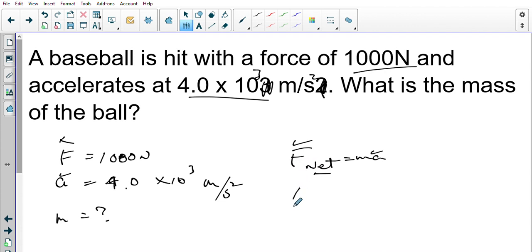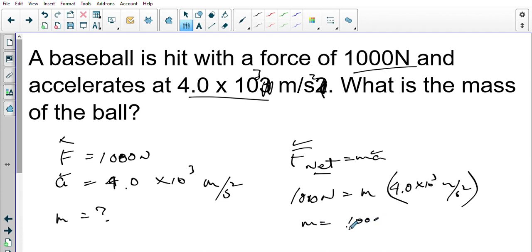All right, so then we've got our 1,000 newtons is equal to our mass times 4.0 times 10 to the third meters per second squared, substituting in. So then our mass is going to be 1,000 divided by 4 times 10 to the third.